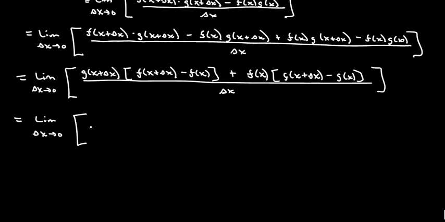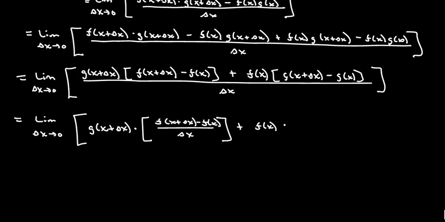So I'm going to have the following: g of x plus delta x times f of x plus delta x minus f of x, over delta x, plus, so that's this first part over the bottom, and the second part will be f of x times g of x plus delta x minus g of x, over delta x. Now I've got two items in here. I can distribute the limit.